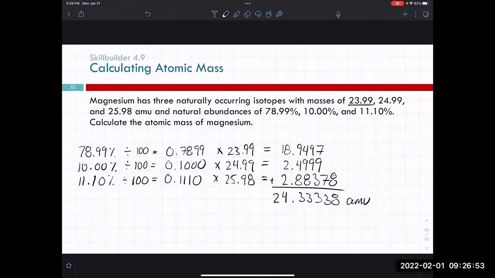How many sig figs should we have here? It's a trickier question, I know. Yeah. So this is where you got to kind of work through it step by step. Well, this step here doesn't change anything with the sig figs because we're just converting it.